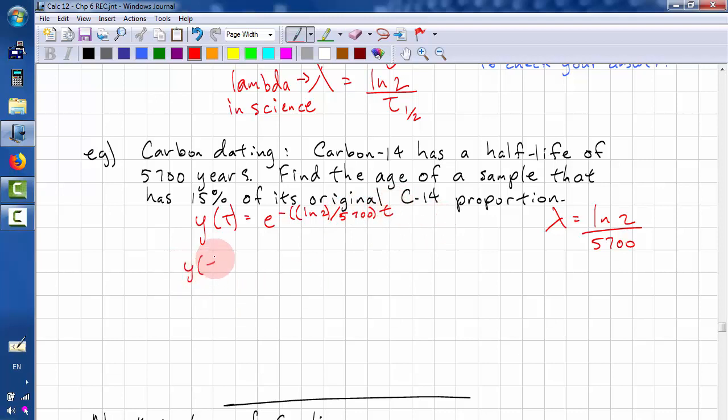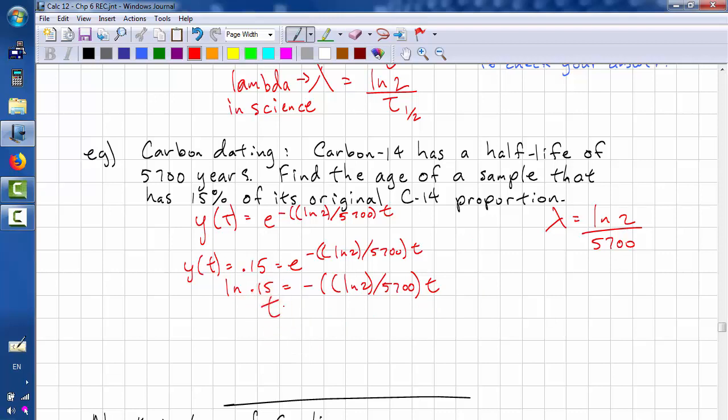So y of t, we're trying to find t, and we want to find it equal to 0.15, and we have e to the minus ln 2 over 5,700 t. Okay, take the ln of both sides. ln 0.15 equals minus ln 2 over 5,700 times t.